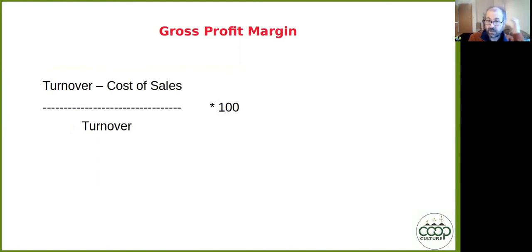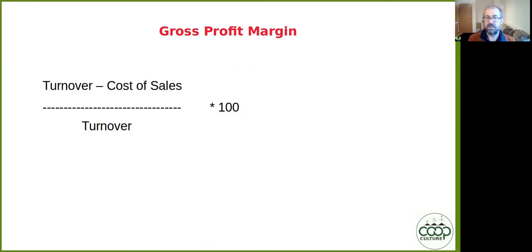How do we calculate our gross profit margin? Well, we calculate our gross profit margin by first of all calculating our gross profit, which is our turnover, how much we get from selling things, less the cost of making those sales. So if you take your cost of sales away from your turnover, you get your gross profit. We divide that by our turnover.